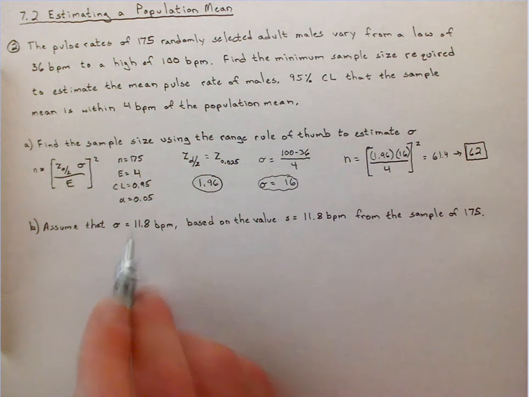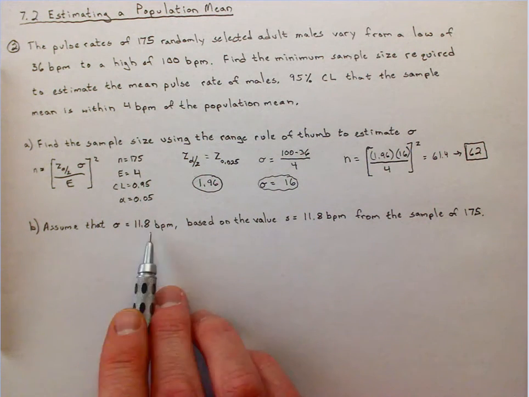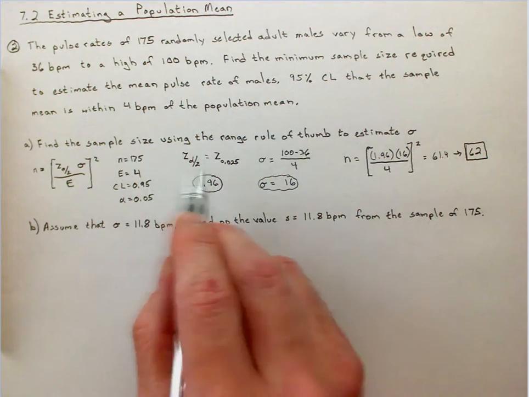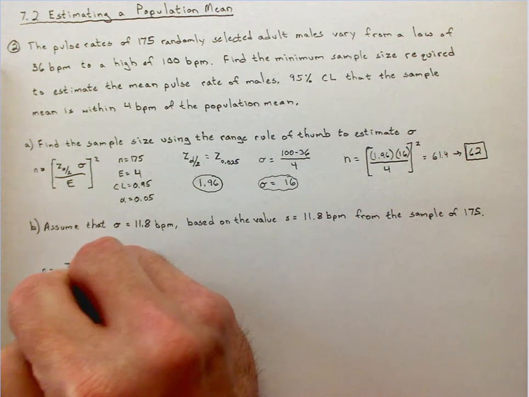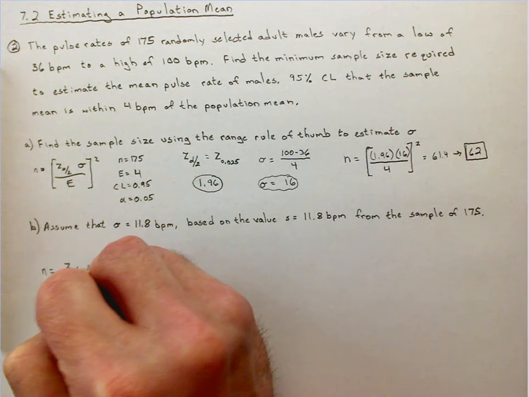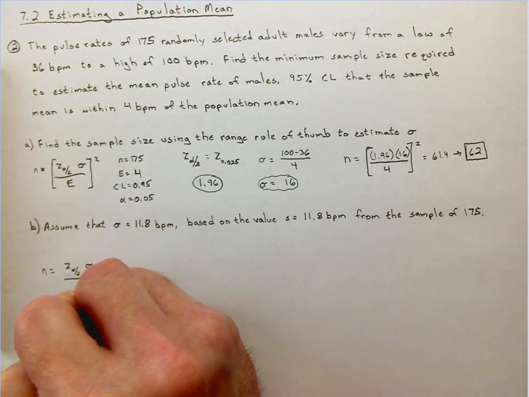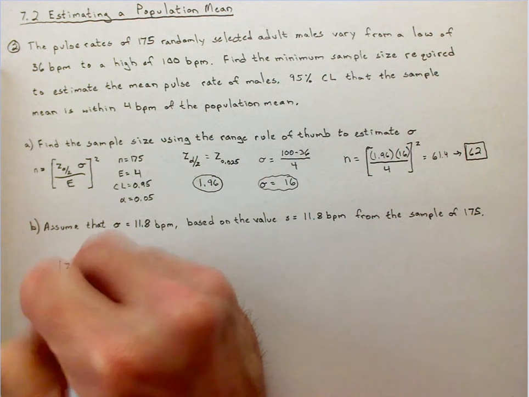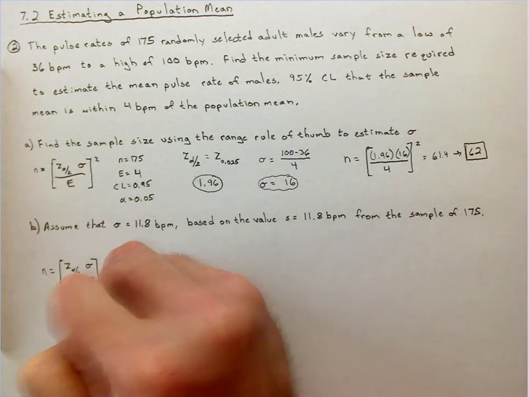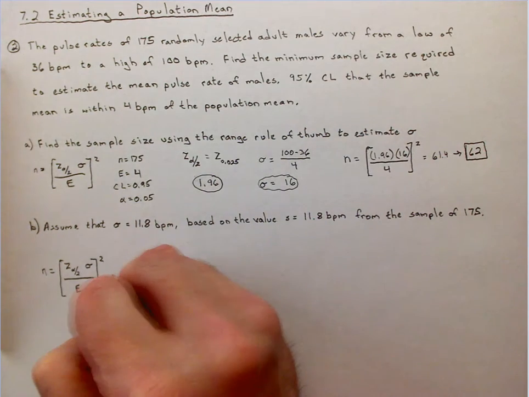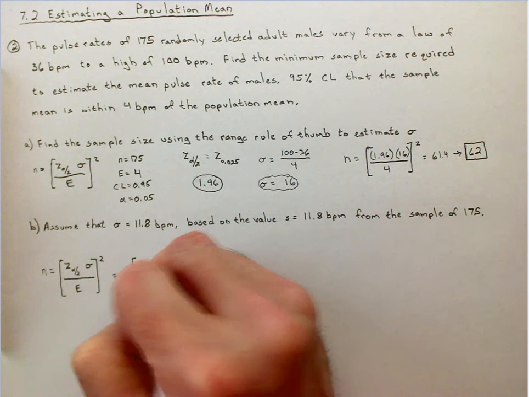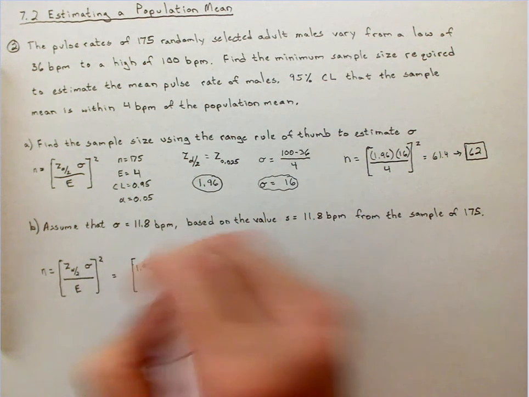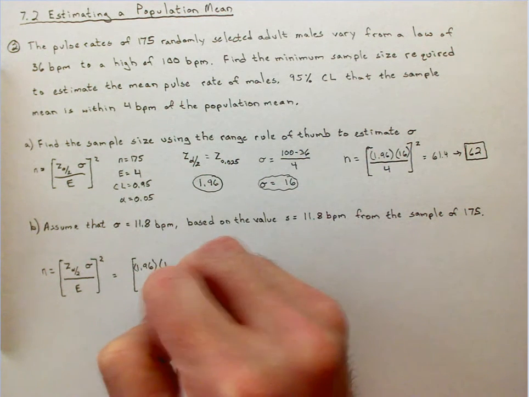Now assume that from a prior study we have this information. Okay, all we do, we've already calculated our z-score, so now it is just a matter of using our formula. We have all the information. Then I need 1.96 times 11.8.